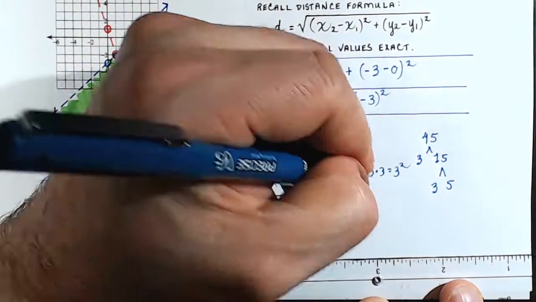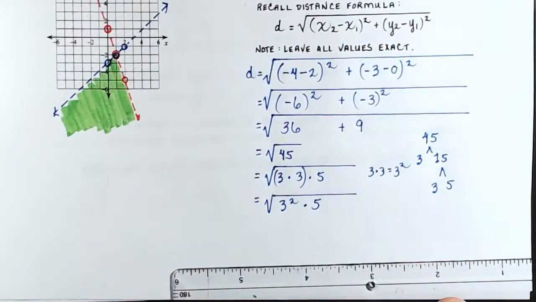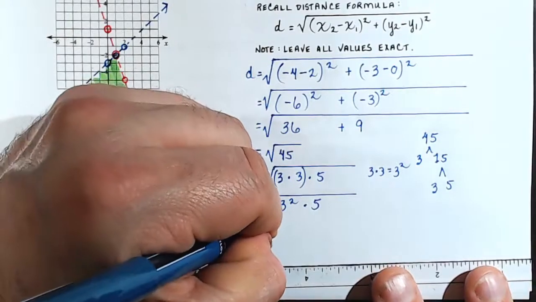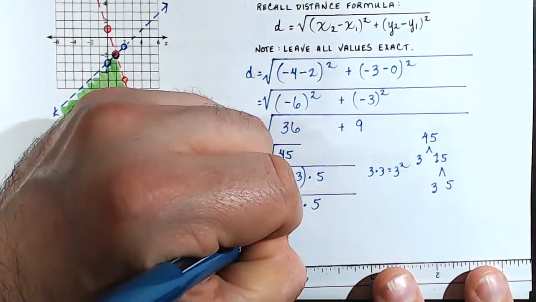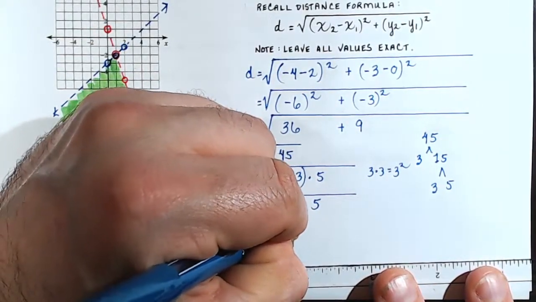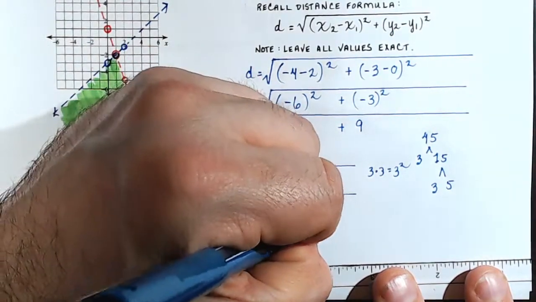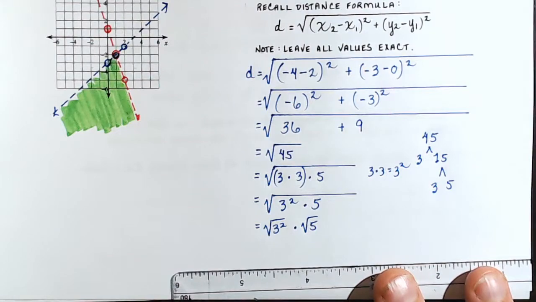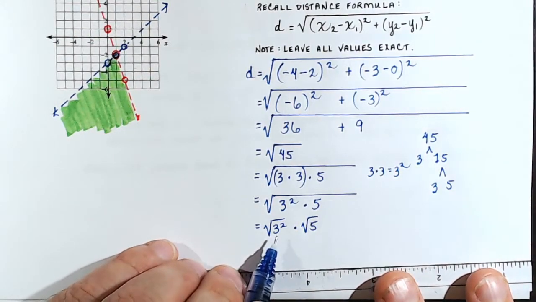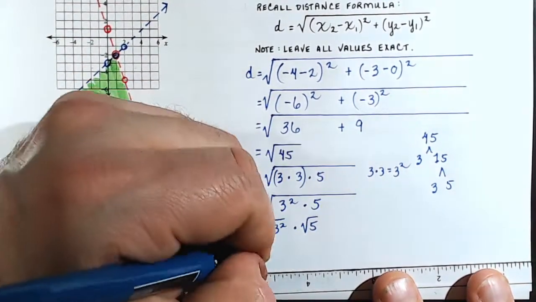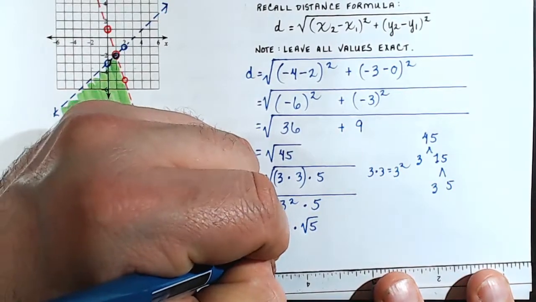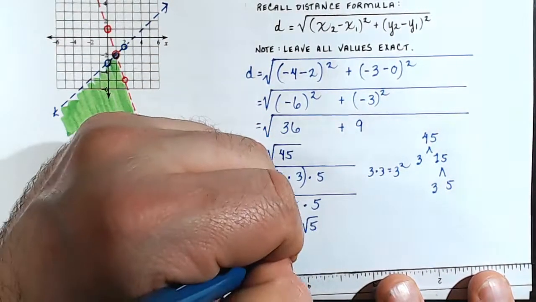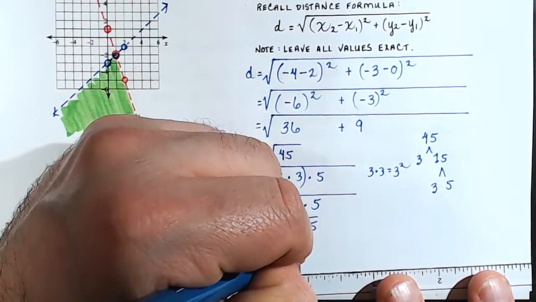Okay, now recall that I can break up this square root by its products. So what I'll do is equals square root of 3 squared times square root of 5. Now the square root of 3 squared is just 3. So I can write equals 3, and then the square root of 5 we leave as a square root of 5, so I'll just write square root 5.